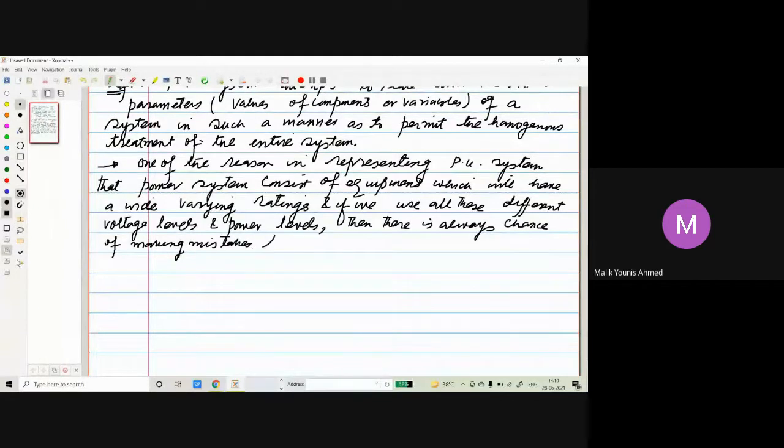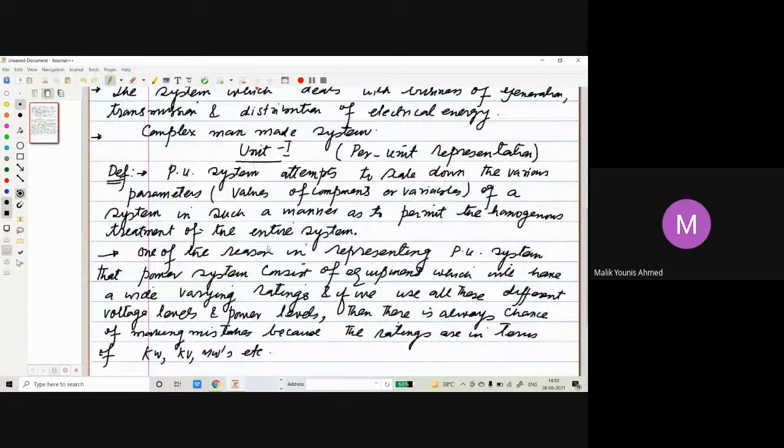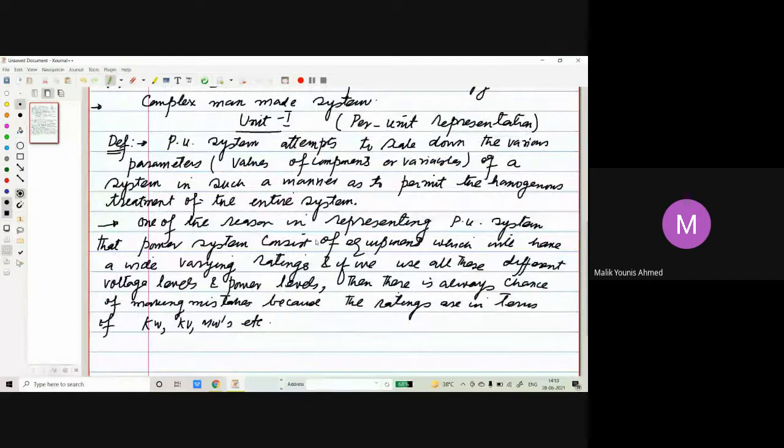Why? Because these ratings are very high, in terms of kilowatts, kilovolts, megawatts, etc. So when these ratings are very high, there's always a chance of making mistakes. So this is the main reason why we use the per unit system. There are some other reasons also, but this is the main reason.